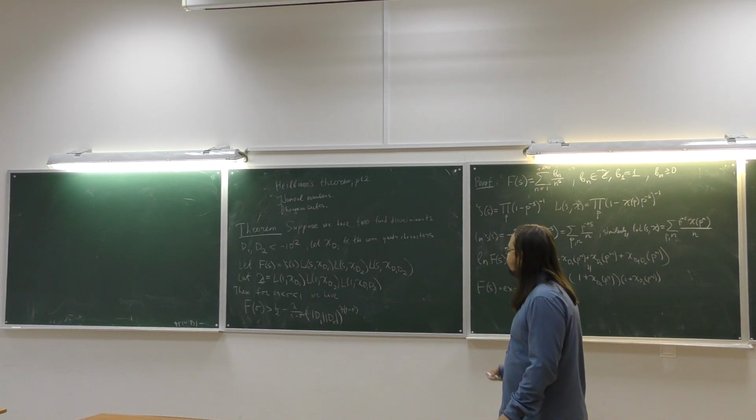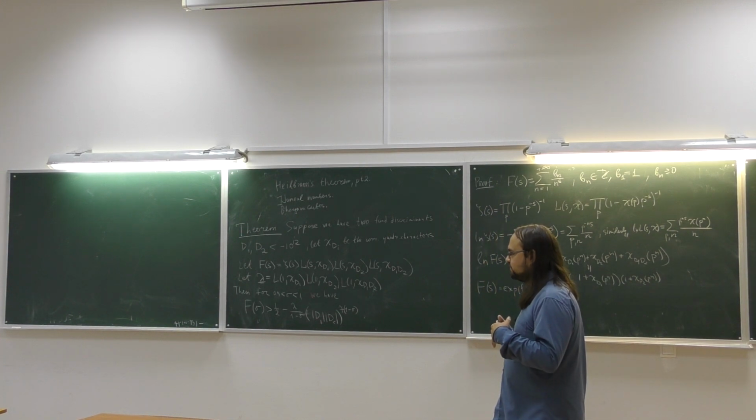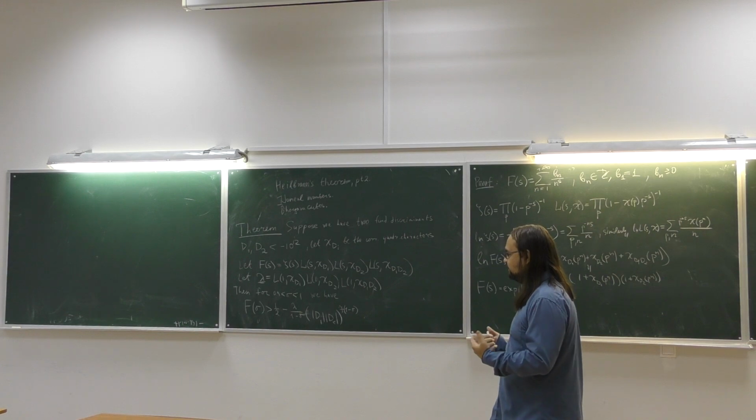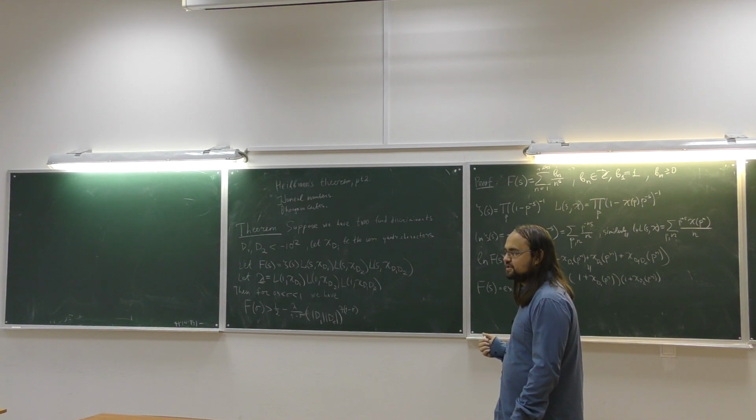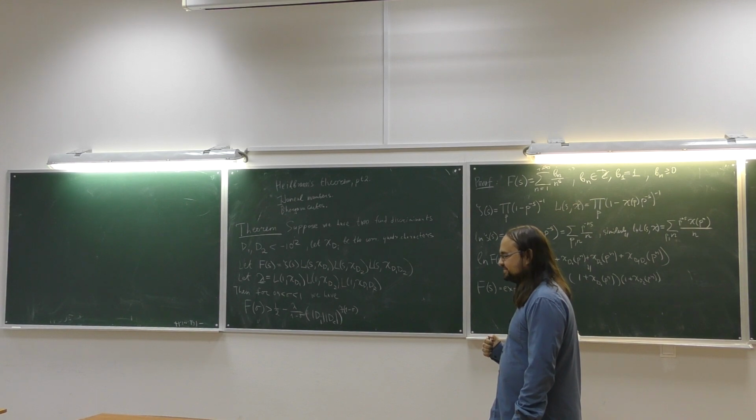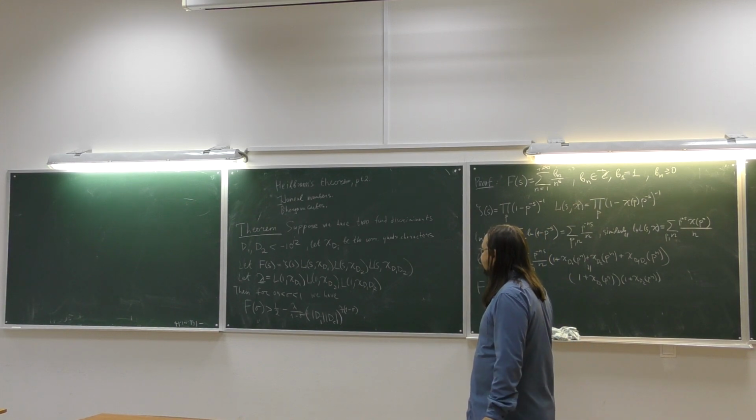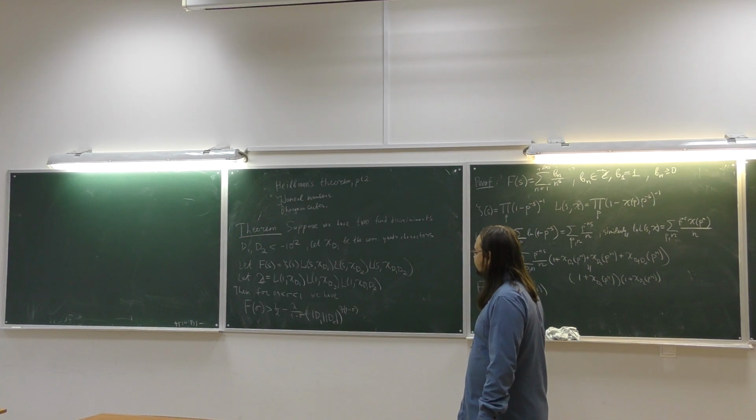Well, to prove something about properties of f of s outside the domain of absolute convergence, we need to use something about properties of f inside this domain. So let us compute the derivative of f of s at s equals 2.